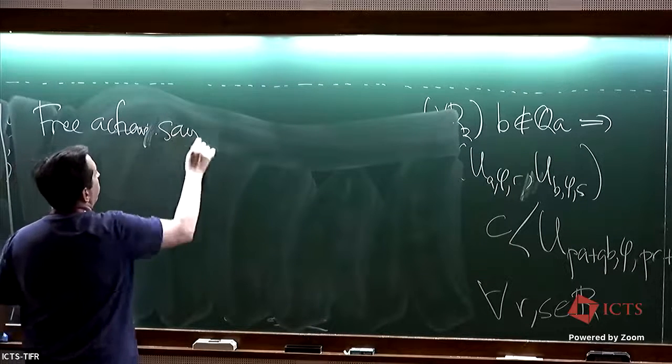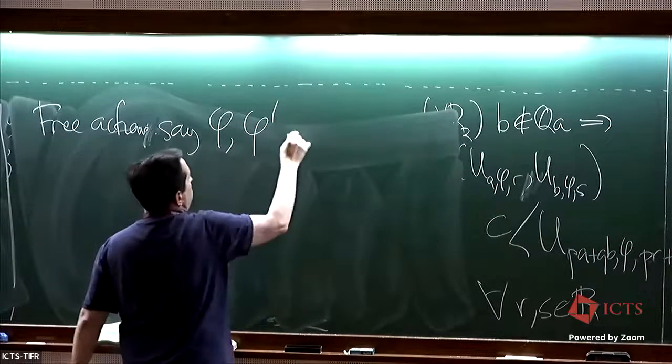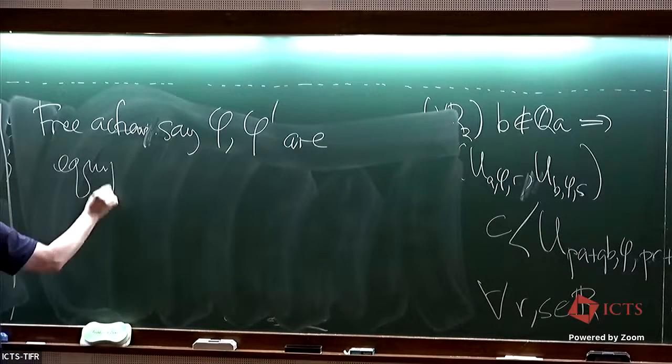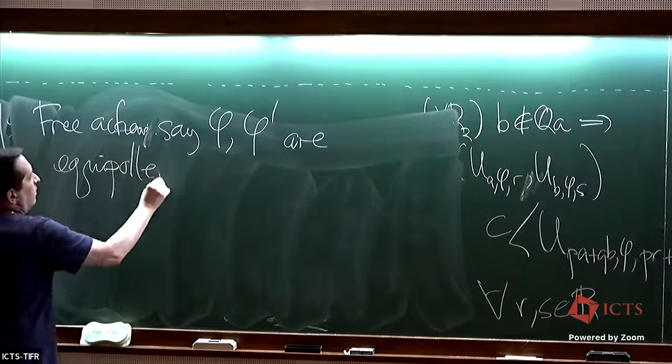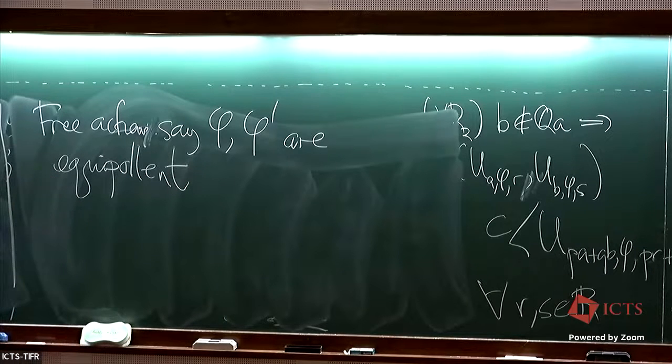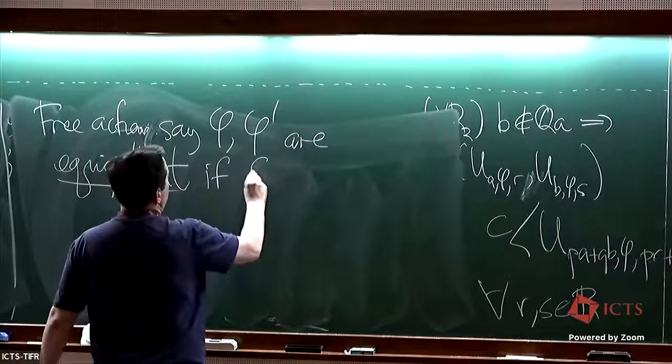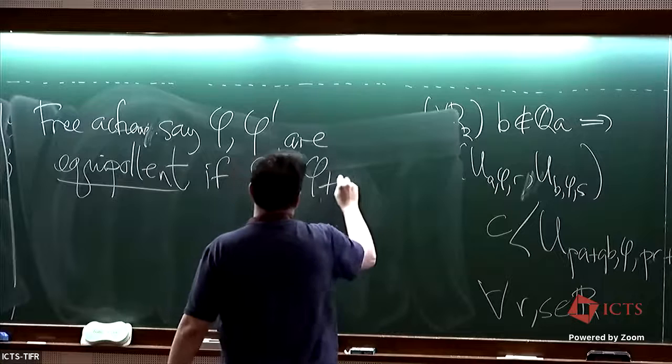And we'll say that two valuations, phi and phi prime, are, okay, well, the word, I apologize to anybody who's French in the audience, so I'll say it's equipollent. Apologies. Anyway, that's the word I believe from the paper of Bruhat-Tits. So we'll say they're equipollent if they're related through this action.